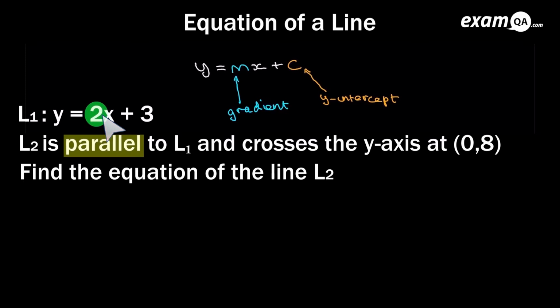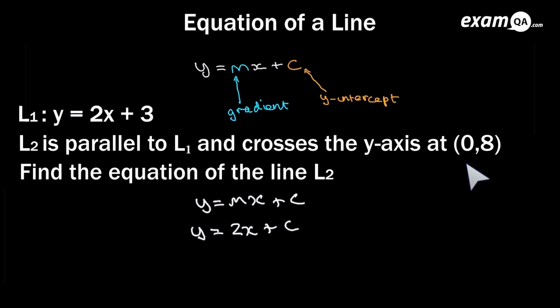Now that we have the gradient for L2, we can start by writing its equation. We'll write it in the form y equals mx plus c. So we'll write y equals 2x, and we don't know the y-intercept, so we'll simply write plus c for now. Now, if we go back to the question, it told us that L2 also passes through (0, 8). Now, where is (0, 8)?